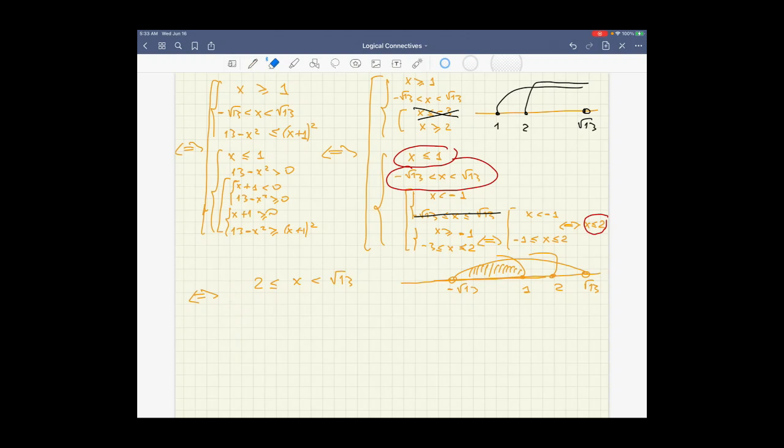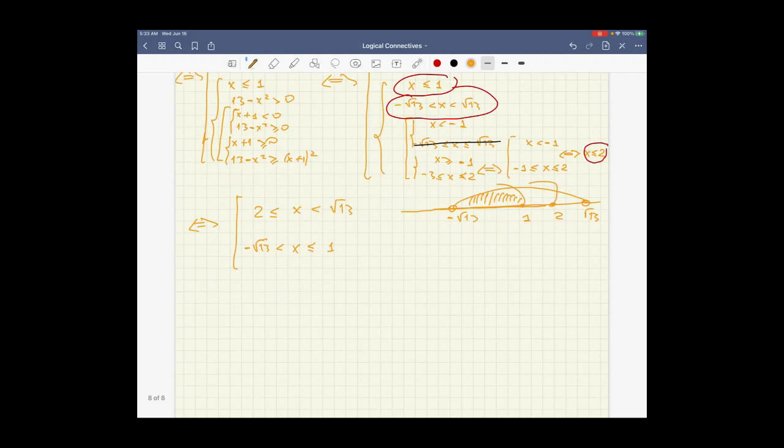And by the way, it's not conjunction, it's disjunction, so it should be or. So x is between negative root 13 and 1.